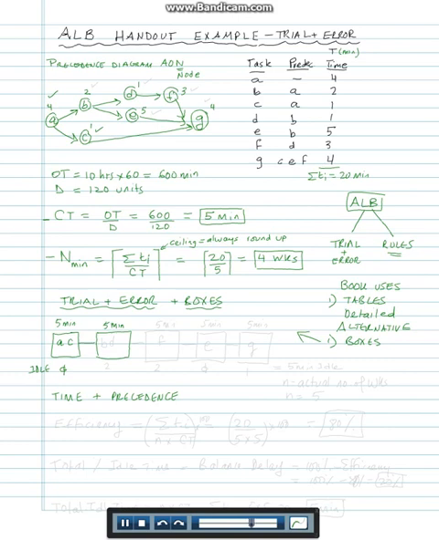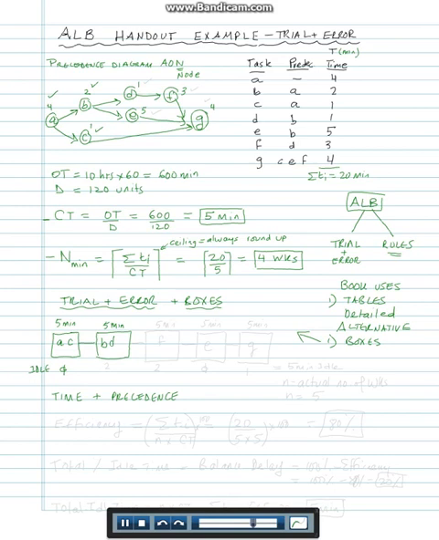So the only one I can put in right away is B, and B takes 2 minutes, so that leaves me with 3. Once I do B, I can do D or E, but E is 5, so I cannot really do E. I can only do D, so that's D.